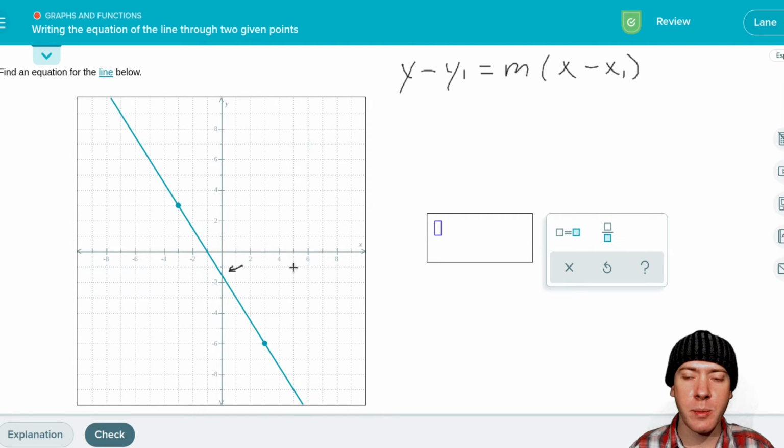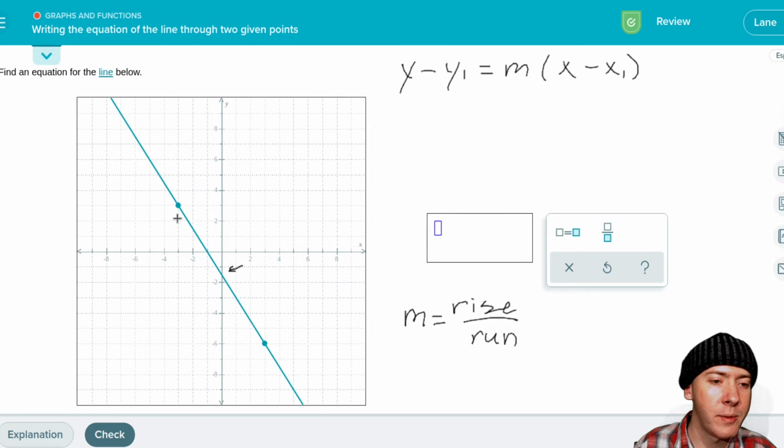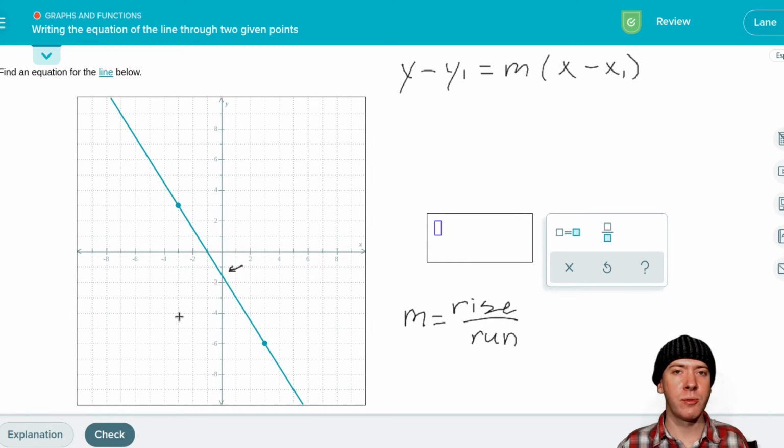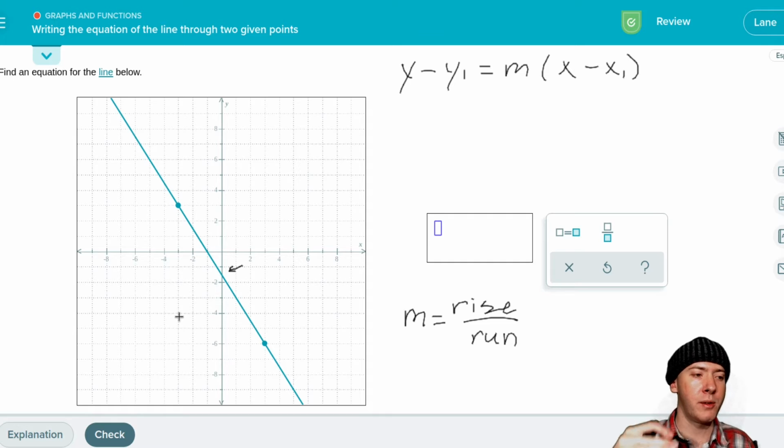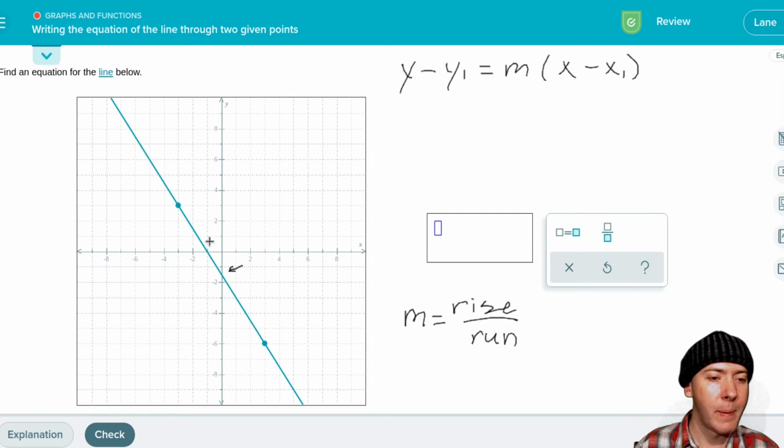So again, our first step is going to be to find the slope. And since we have the graph, that might make this a little bit easier because remember that the slope m is the rise over run between the 2 points. So we can start at this point on the left and figure out how far we have to rise. So what is the up or down motion between those 2 points?